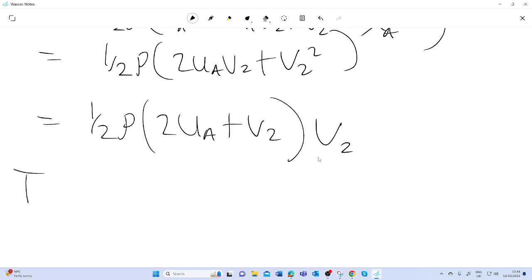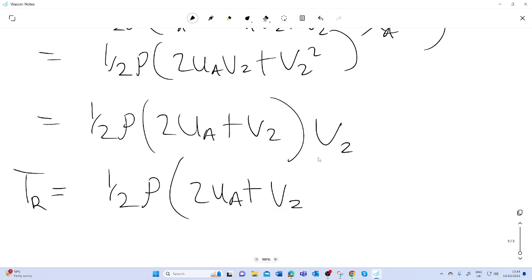Then the thrust becomes half rho V2 (2UA plus V2) times A. Let us not forget that A here is pi r squared.